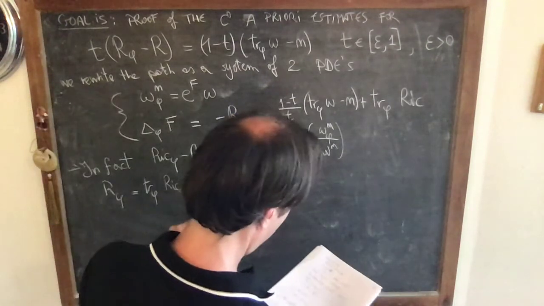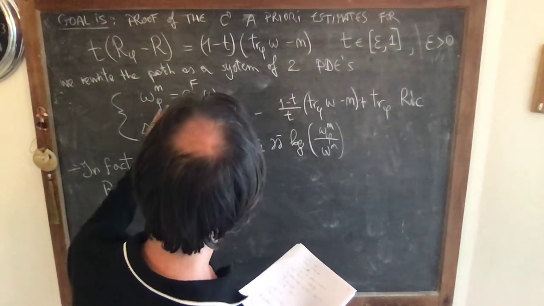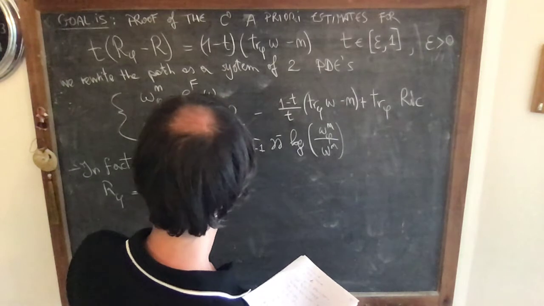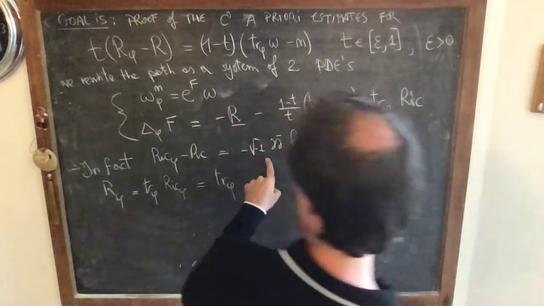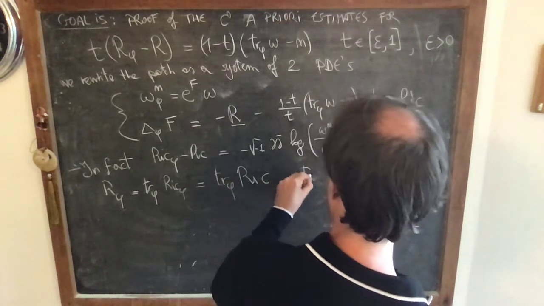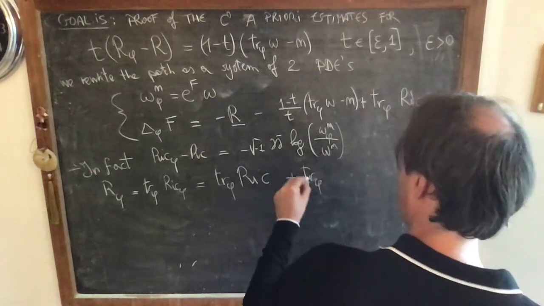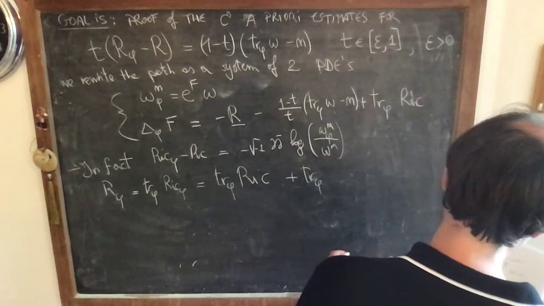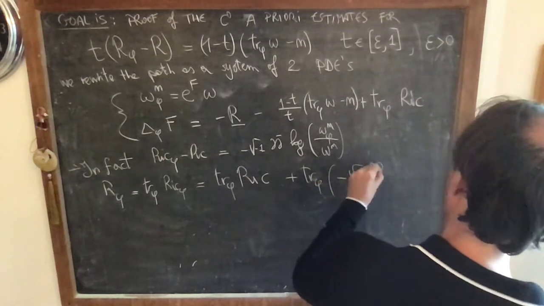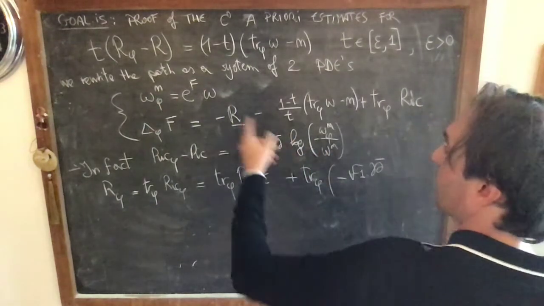So this can be written as trace of phi. Since trace is additive, plus trace of phi of minus square root of minus 1 partial partial bar of the logarithm of this ratio, and from the first equation we see this is capital F.